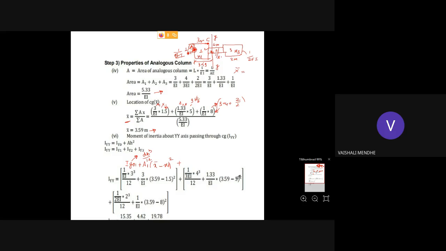x bar minus x2 whole square, this is D. For the second section, what is the width? 1 by 3 EI into B is 4, so db cube by 12 plus, for the third section, the width is 1 by twice EI into B, so this is db cube by 12 plus 1 by EI into 3.59 minus 8 whole square.